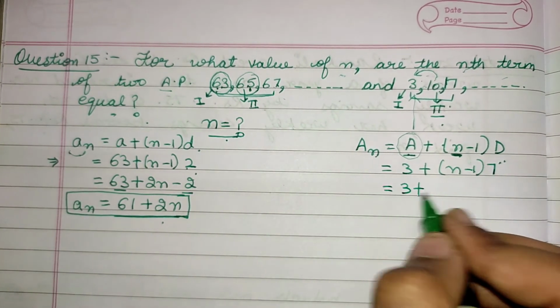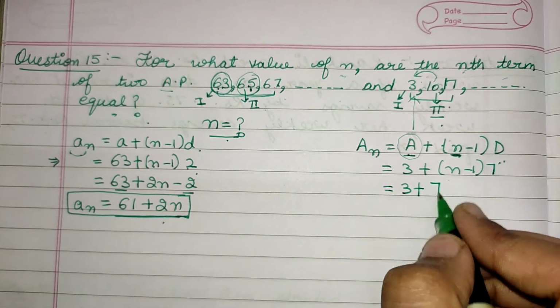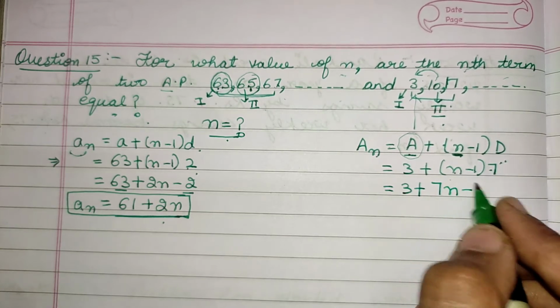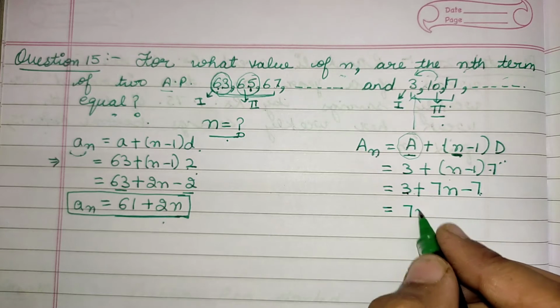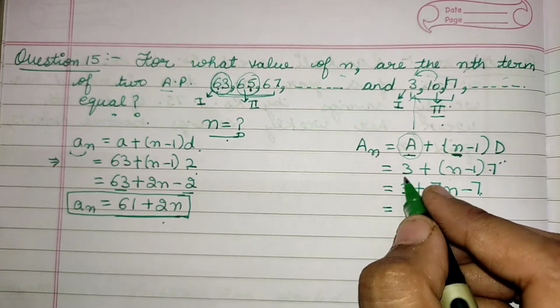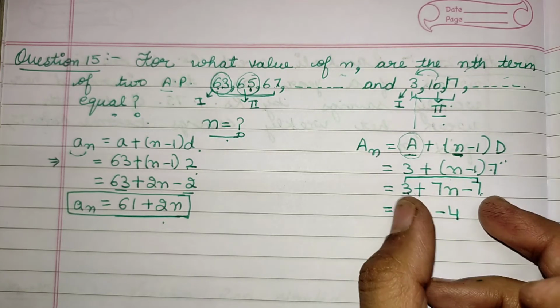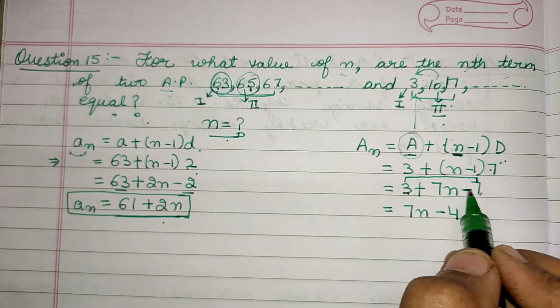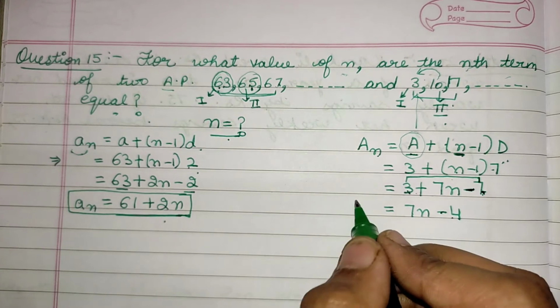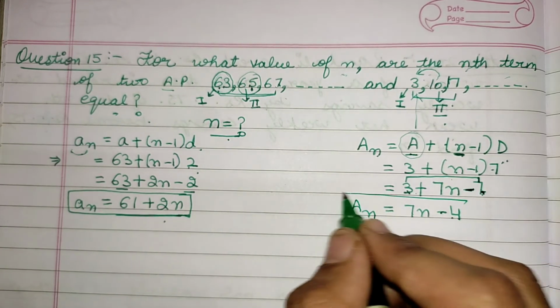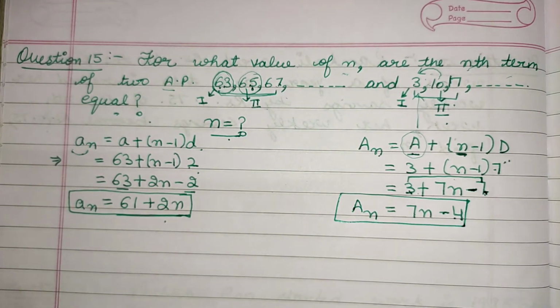If I solve this, I will get 3 plus 7n minus 7. So my answer will be 7n minus 4, because after subtracting these two values the sign will be minus, since 7 is the bigger term. So I get an is equal to 7n minus 4.